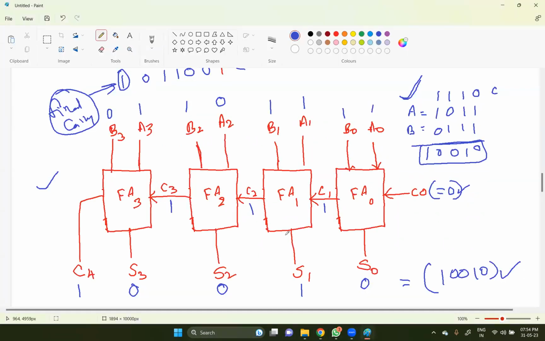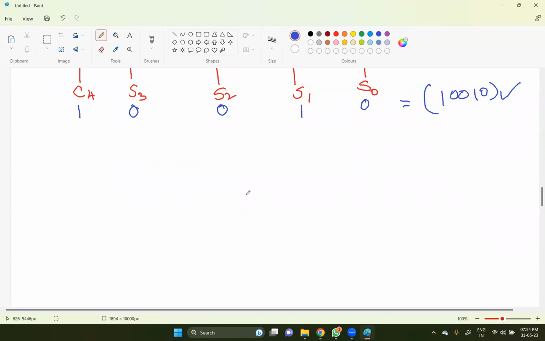Normally, the subtrahend is converted into its 2's complement and then added to the minuend, and that will be considered as subtraction. And there are a certain number of rules and regulations. Let me give you those rules.